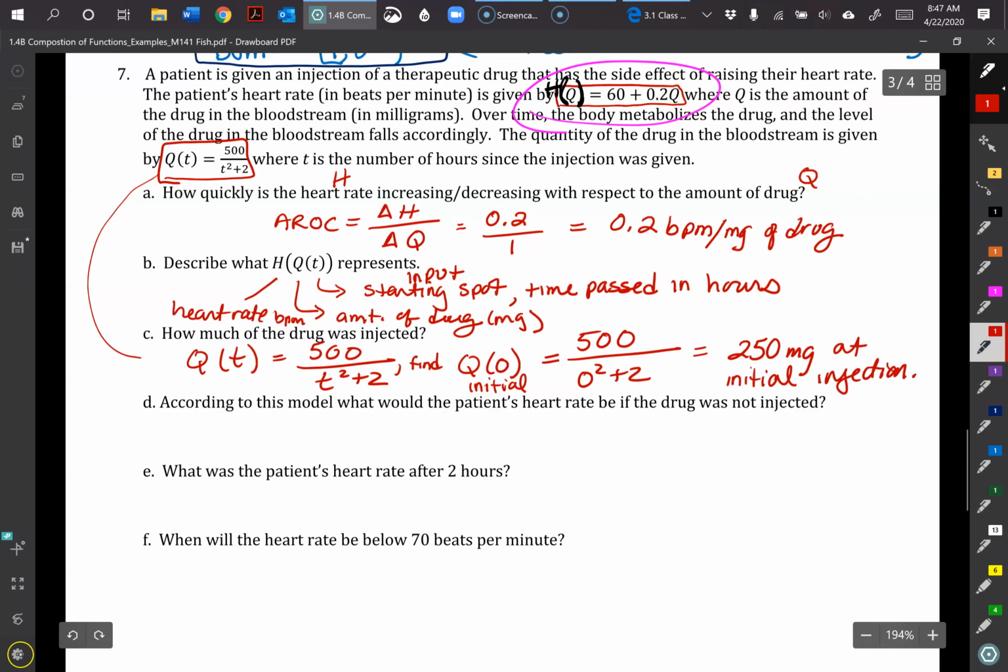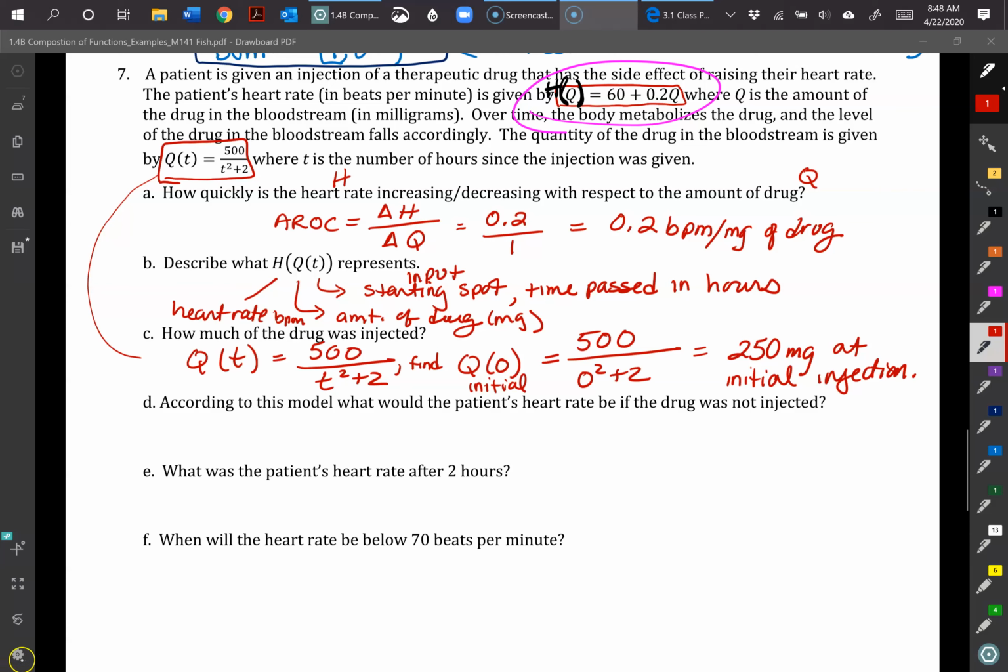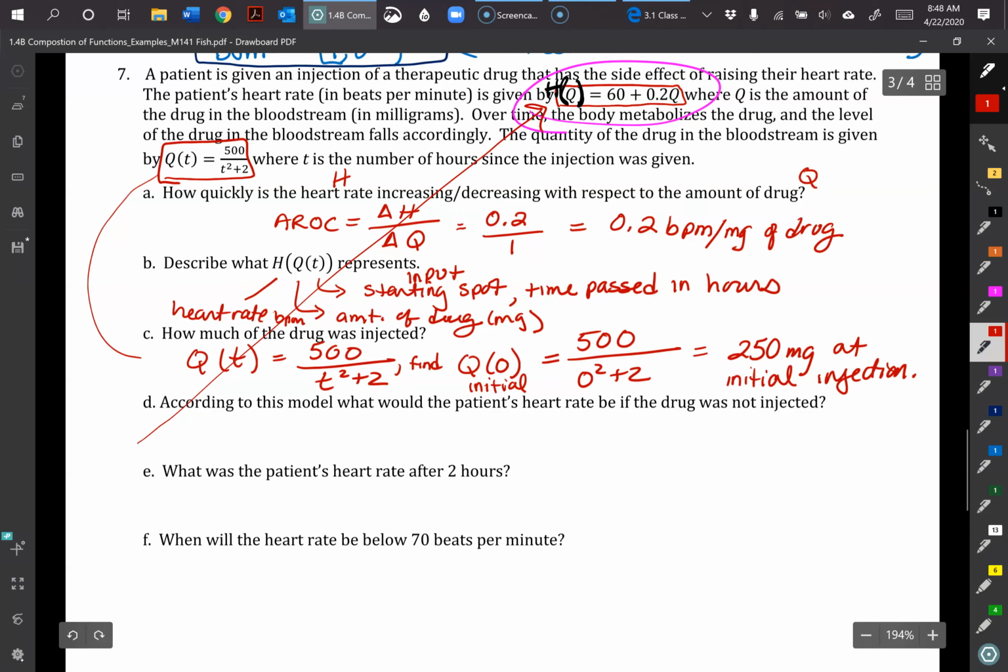Part D. According to this model, what would the patient's heart rate be if the drug was not injected? So for this one, we want to just look at the H function, H of Q, because we have Q. If nothing was injected, that means quantity is 0. So we have H of Q equals 60 plus 0.2 Q. I'm just rewriting this so you can see it clearly.